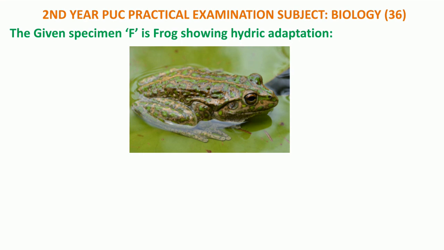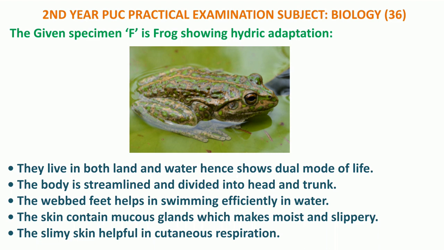If you get a frog as a picture or spotter, the identification is: the given specimen F is frog showing hydric adaptations, and the points are: they live in both land and water, hence show dual mode of life. The body is streamlined and divided into head and trunk.